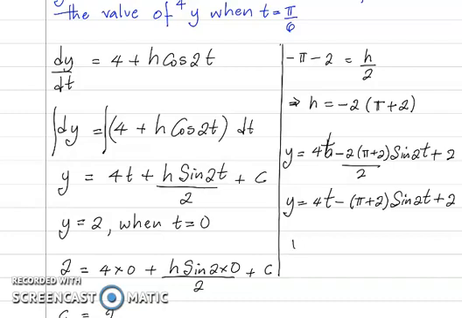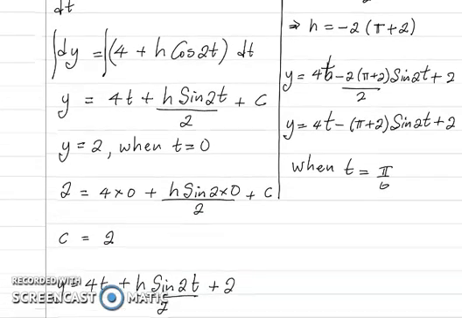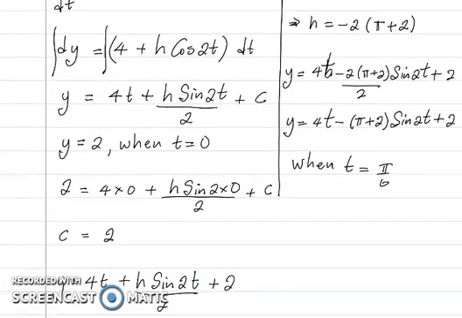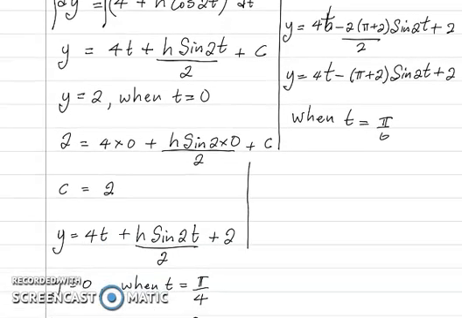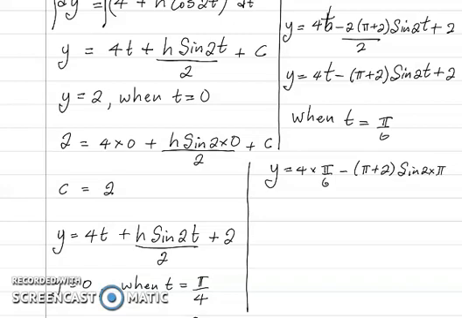So when t is equal to pi by 6, y would be equal to 4 times pi by 6 minus pi plus 2, the sine of 2 times pi by 6 plus 2.